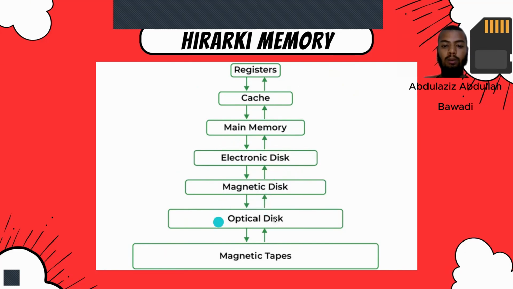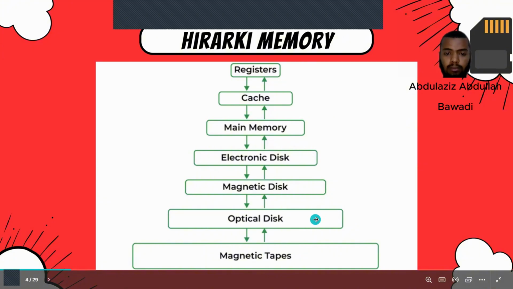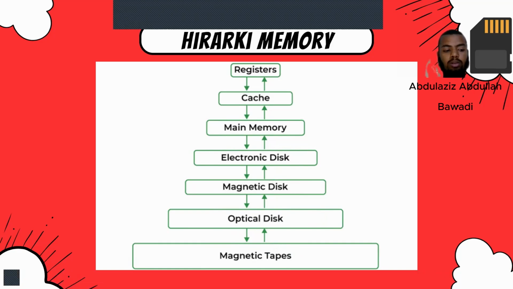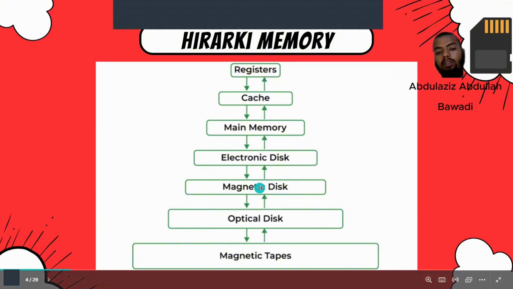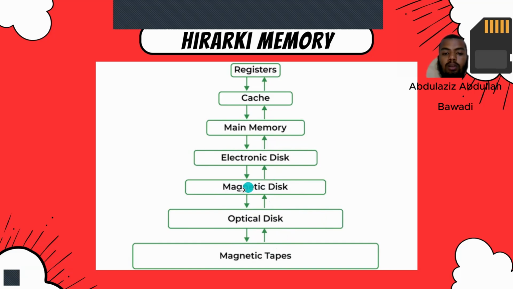After that, we have optical disk and magnetic tapes. Both of those are very old, and most devices are not using them. Most devices use magnetic disk, electronic disk, main memory, cache, and registers.